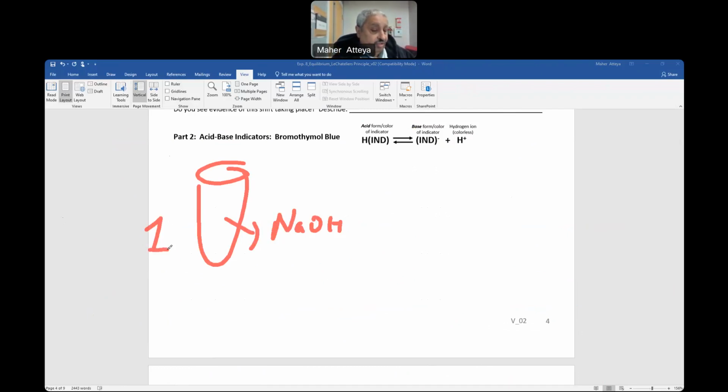And when I added the sodium hydroxide, the shift was to the right. Evidence: more blue color, more blue.